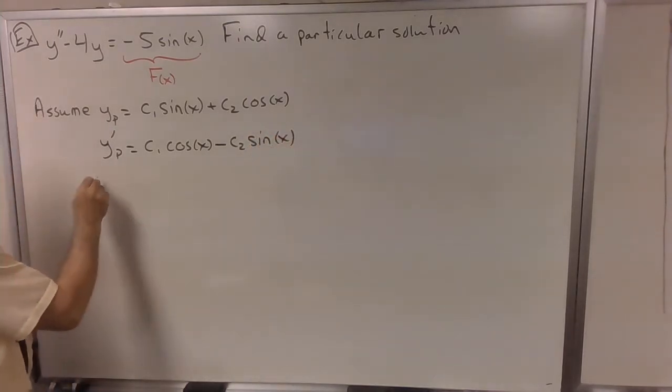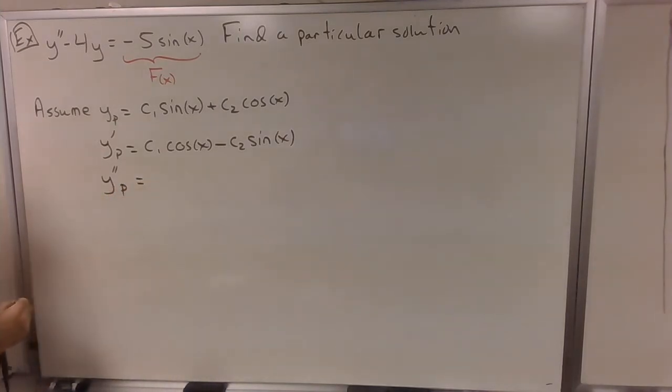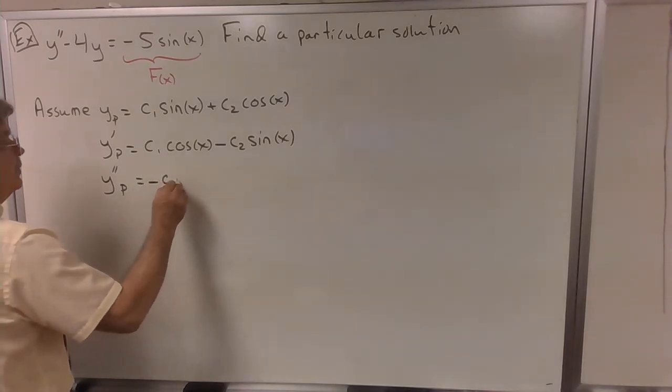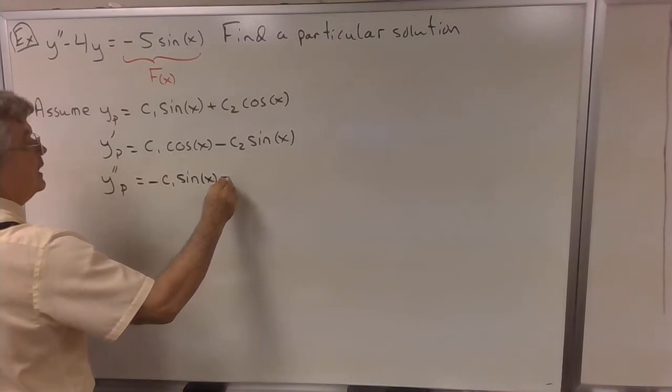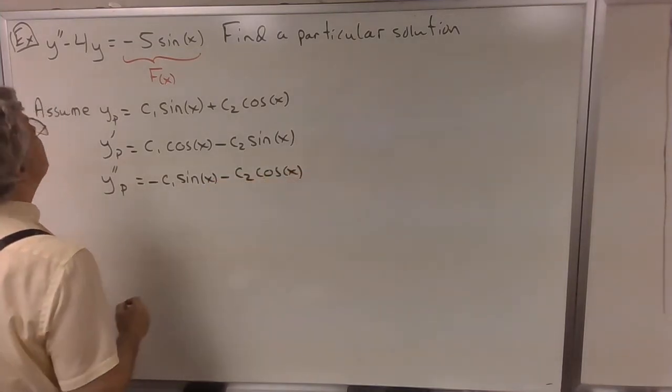There's y prime. Now I need y double prime. Okay, negative c1 sine of x minus c2 cosine of x.